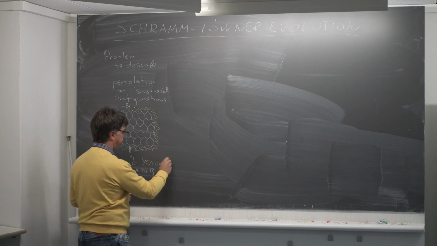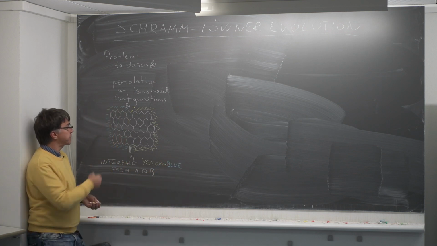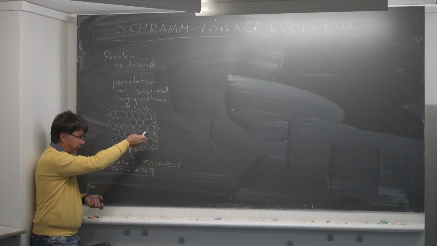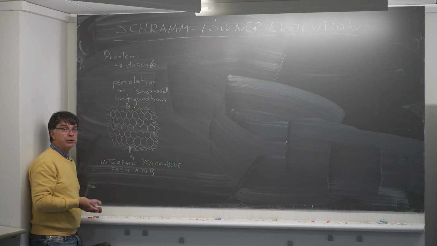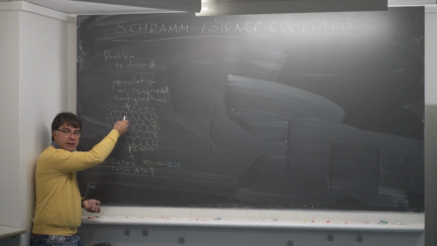And so the interesting thing with this model is that I can cover everything and then just draw this interface, but I can also do it as a conformal growth process. I can draw it step by step.